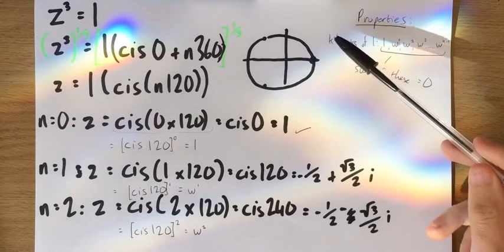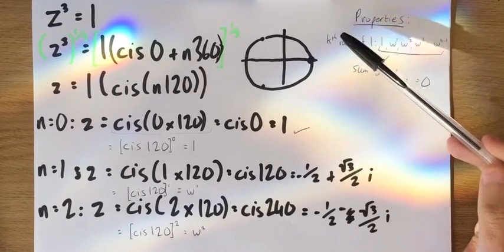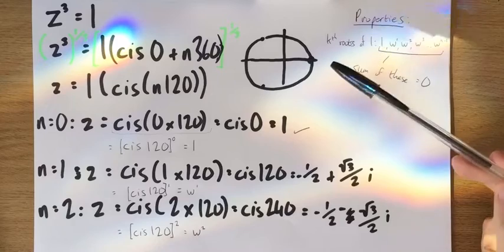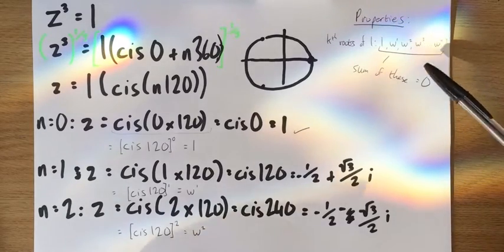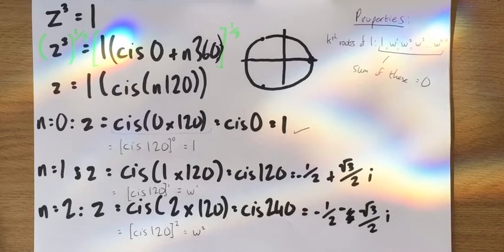So if you're asked to get the first 3 roots, 4 roots, 5 roots, 6 roots, 7 roots of 1, whatever, when you get them, if you add them together, they will sum to 0. Again, let's check that with the example we've done.